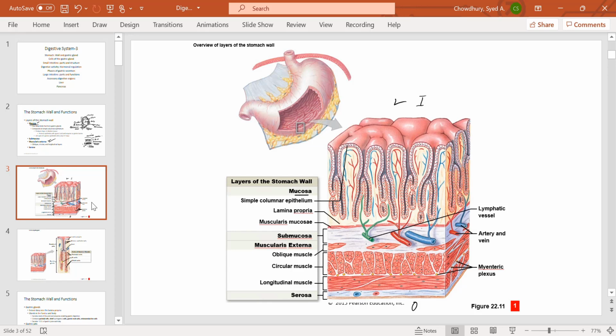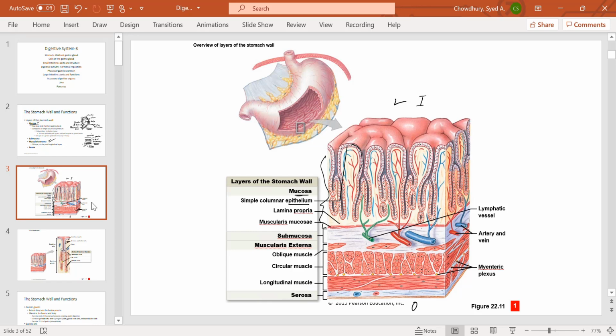Okay, so you see the mucosa is this part, and it has three layers. You see the outer layer has many cells. This is the epithelium.